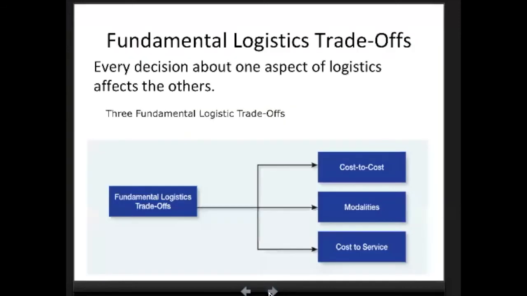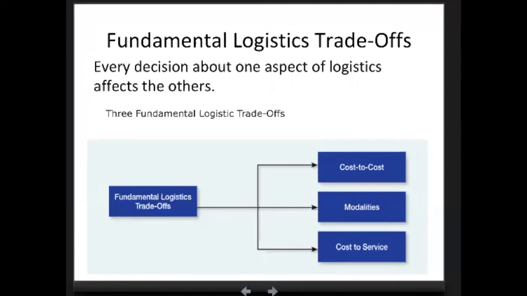Now, as part of logistics, there are some fundamental trade-offs that have to be made on a day-to-day basis, on a tactical basis, many times strategic basis by logistics professionals. The first one is cost to cost trade-off, which is when organizations decide on one parameter within the logistics arena, let's say transportation mode, that will influence the cost on the other end of the arena, let's say inventory cost.